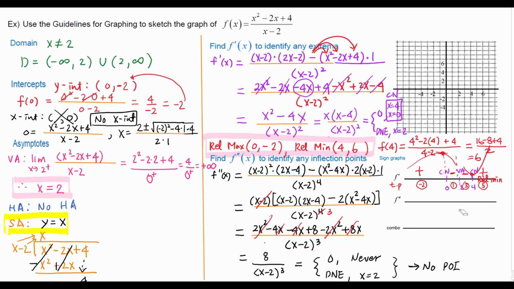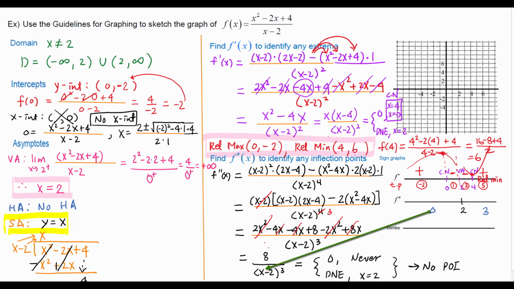However, you can still test the concavity by locating 2 on the f double prime and finding the sign, since your graph is cut off at 2. Before 2 and after 2, your graph could behave differently. So find the test points. My test point could be 0 before 2, and I'm gonna pick 3 after the 2. So what's f double prime of 0?